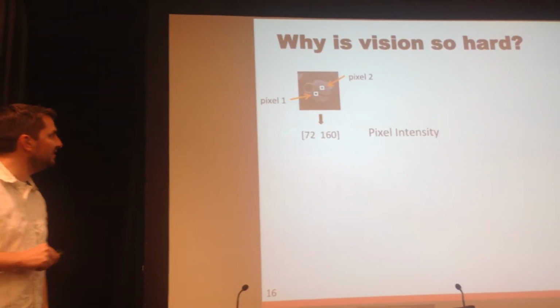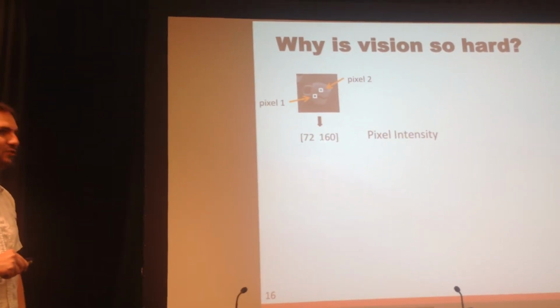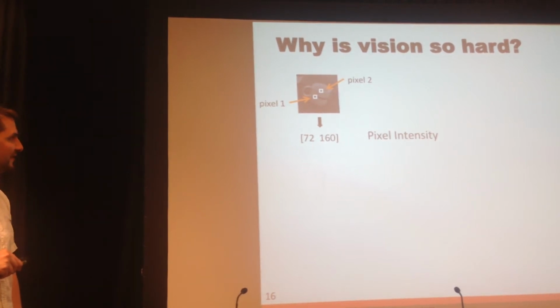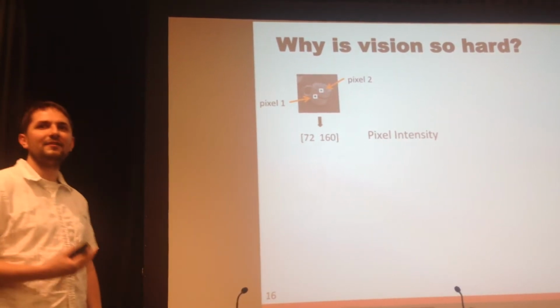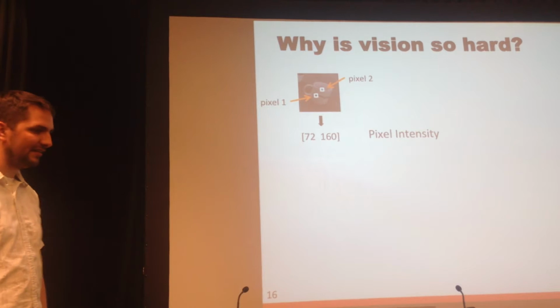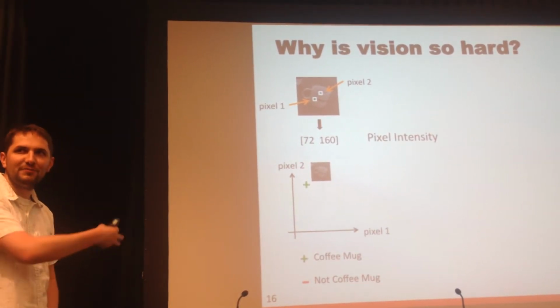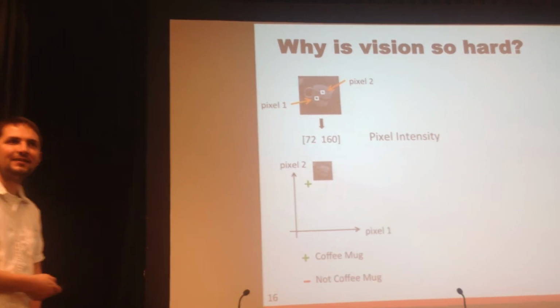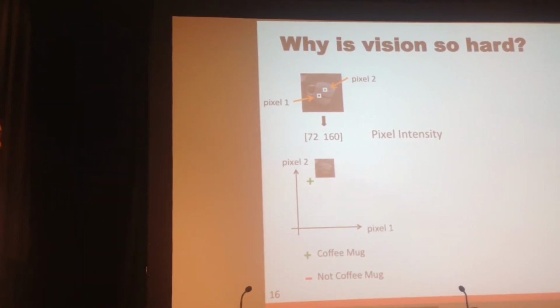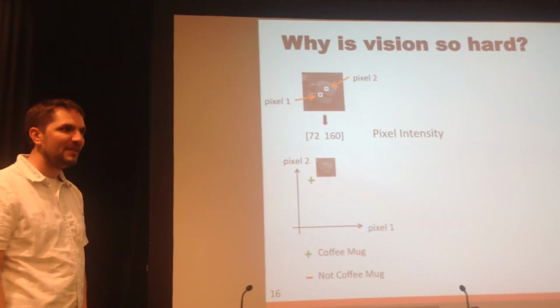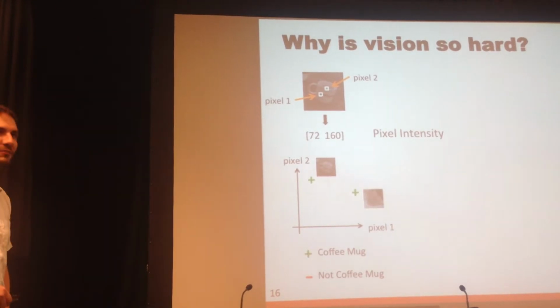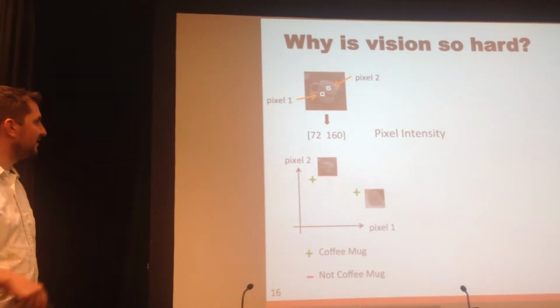So for instance, in this image, maybe this corresponds to a point, coordinates with 72 and 160, corresponding to the brightness in this image. And if I create a 2-dimensional scatter plot here, then I can plunk down a point there that represents this coffee mug. And I can take another coffee mug from my data set, and I can plunk it down over here.